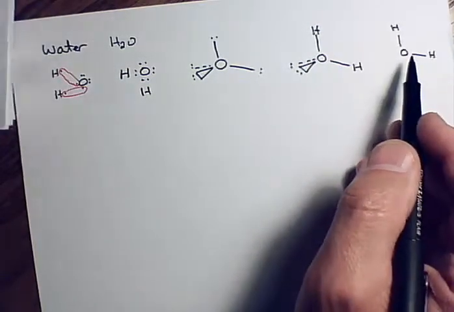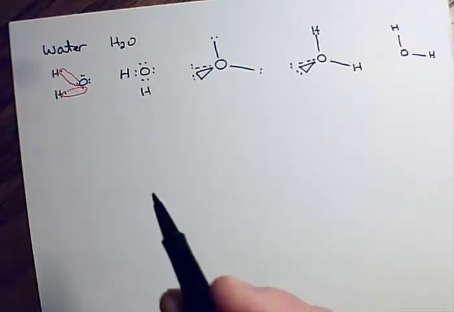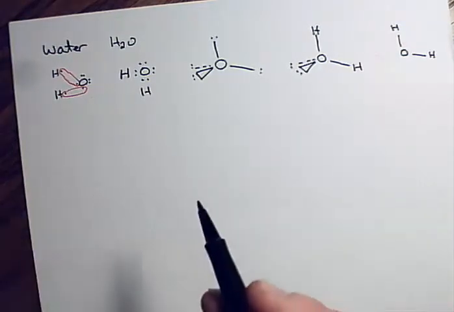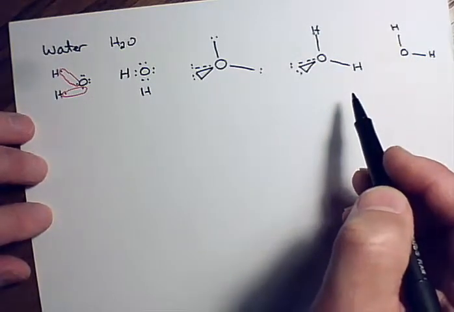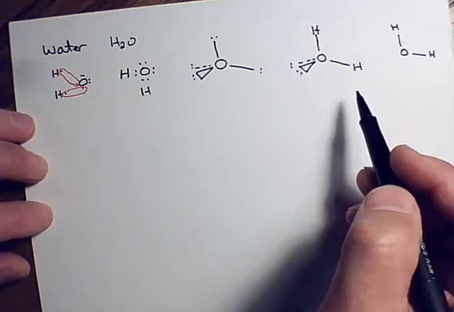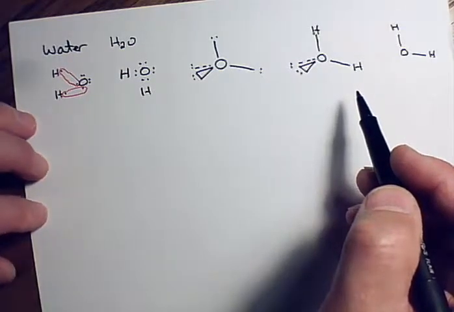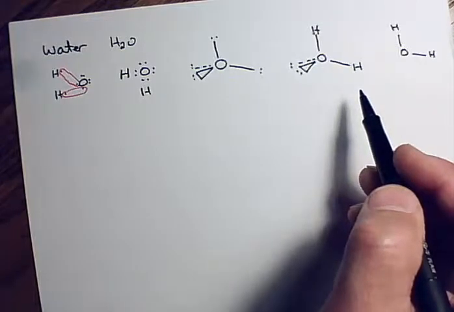All right, so we need to know when that means it's polar, when it's not. Now, there's a difference between a polar bond and a polar molecule. We're going to first talk about polar bonds. And once we figure out what polar bonds are, we're going to use that to figure out when we have a polar molecule.